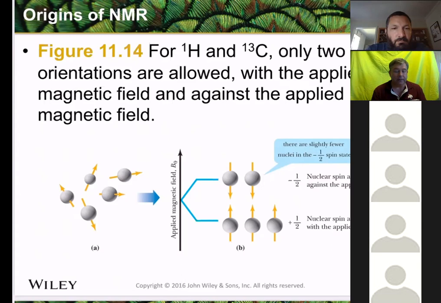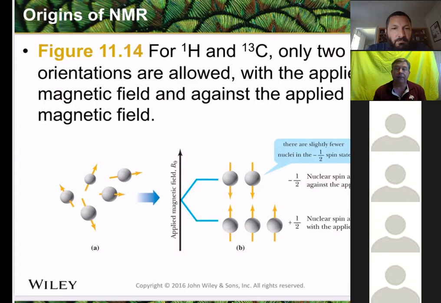So if we look at this diagram here, we see that before we apply our magnetic field, we just have them randomly oriented in any old direction. And then once we put a huge magnetic field in that, they all line up, either with the magnetic field or against the magnetic field, but they all line up in that field. That's the first step in NMR, okay?